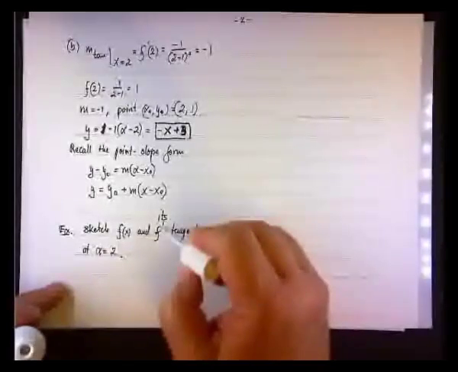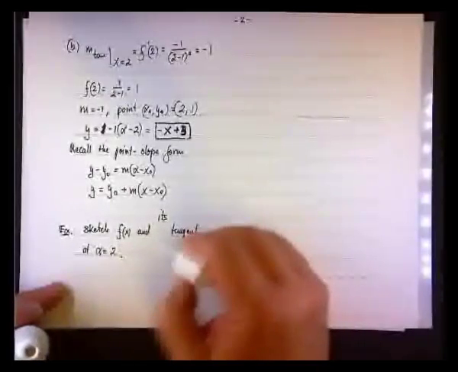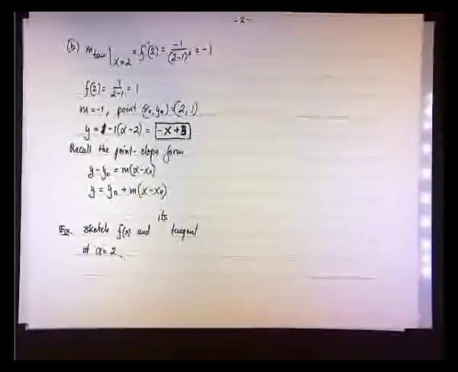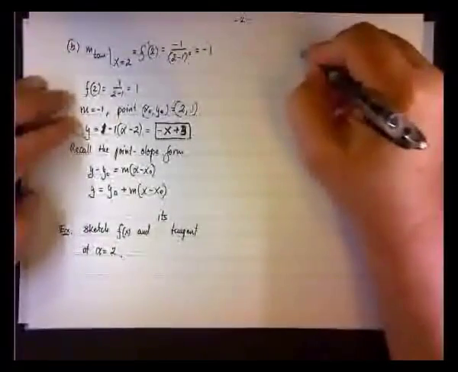Now look at the original function, 1 over x minus 1. It has a vertical asymptote at x equals 1, right? And for values of x greater than 1, it will be positive. For values of x less than 1, it will be negative.